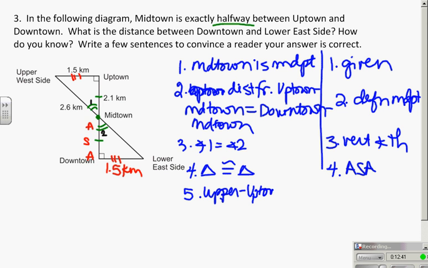And then we can say that Lower to Uptown is equal to Lower to downtown. Oops, sorry, wrong way. Lower to downtown. Got to get my correspondence.